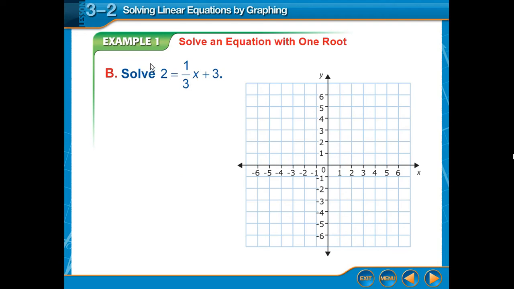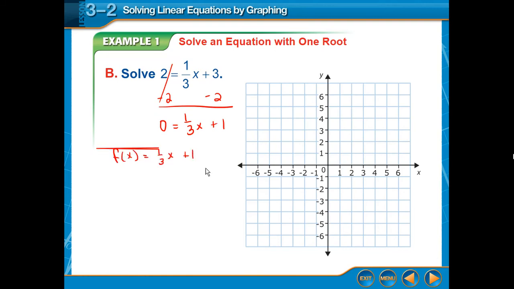So to solve it graphically, I want to get everything onto one side. So that means I want to get rid of this 2 so that it's on the same side as everything else. So I'm going to do minus 2. Basically, I want to get 0 on one side. So this becomes 0 equals 1/3 x plus 1. So I'm going to treat this as if it's the function f of x equals 1/3 x plus 1.